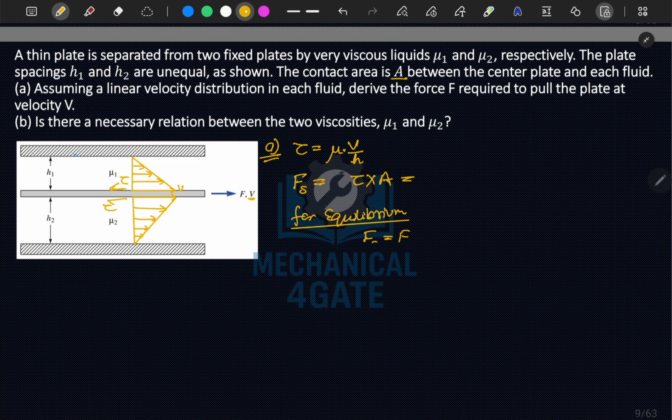So this would be written as mu1 times V by h1 plus mu2 times V by h2.